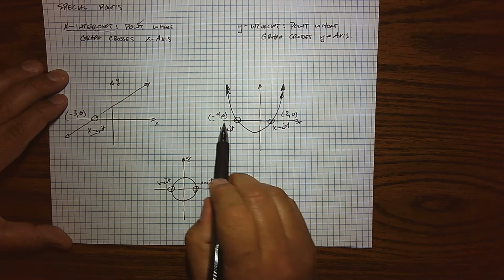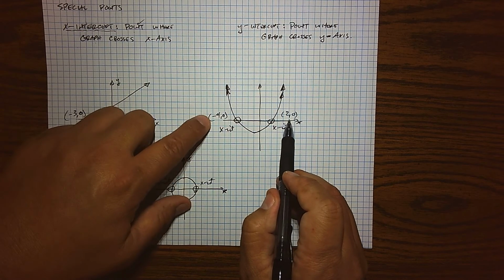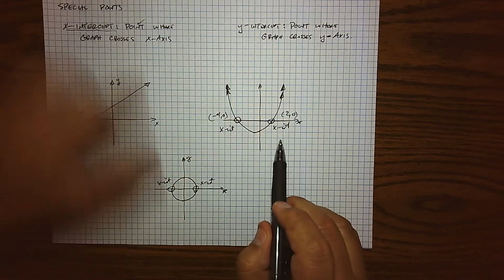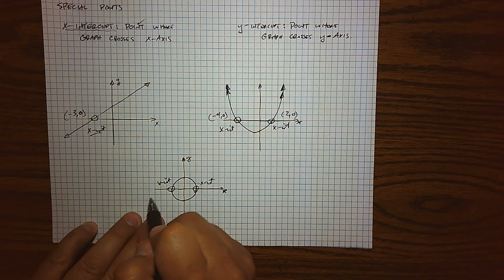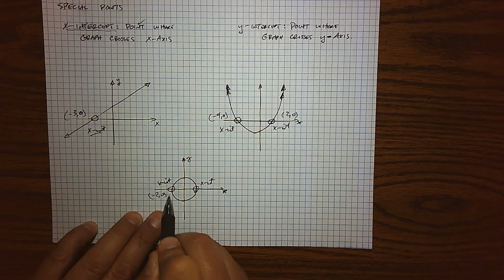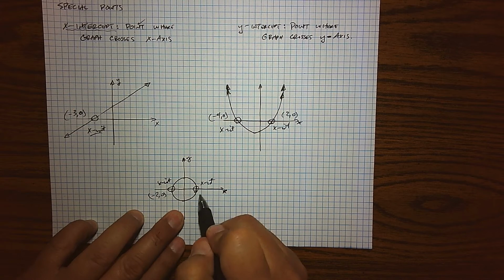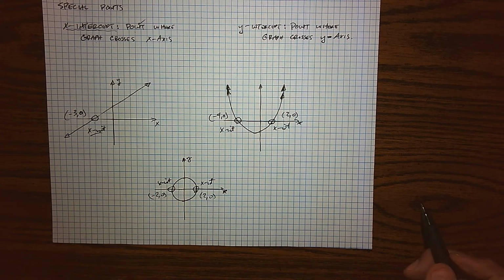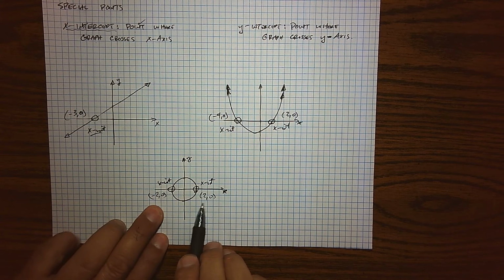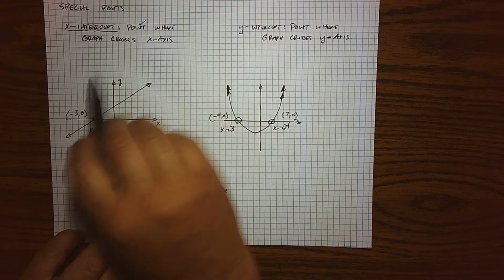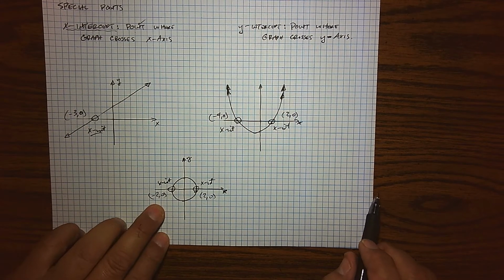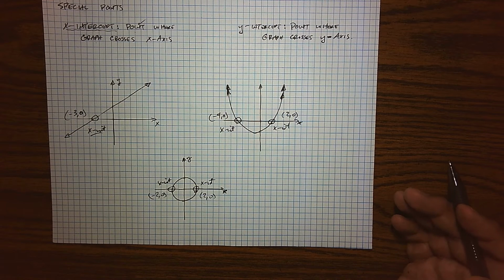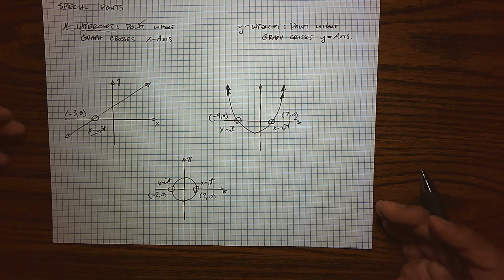So I have two locations, two points, where my parabola is crossing the x-axis, x-intercepts. And then for my circle, it looks like one of my x-intercepts is occurring at the point (-2, 0), and the other one's occurring at the point (2, 0). So again, two points where my graph crosses the x-axis. Again, x-intercepts.